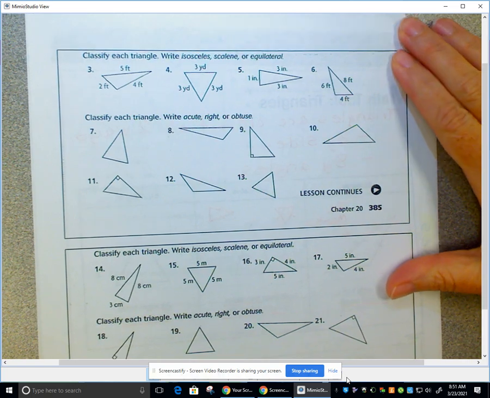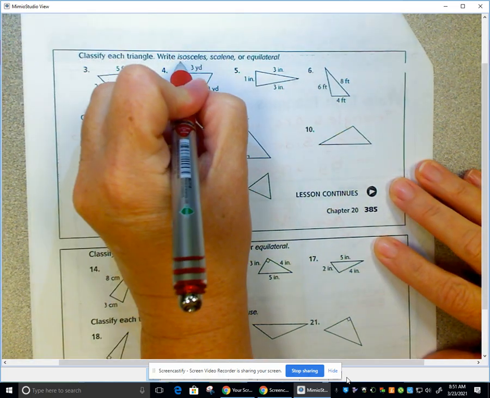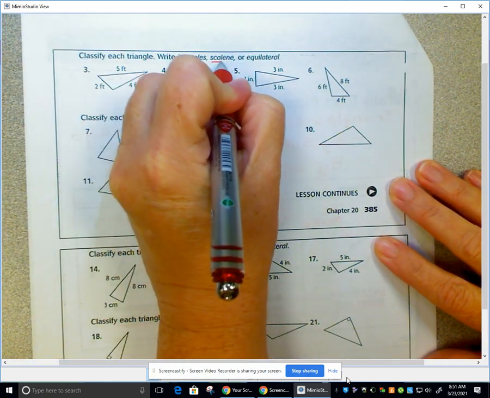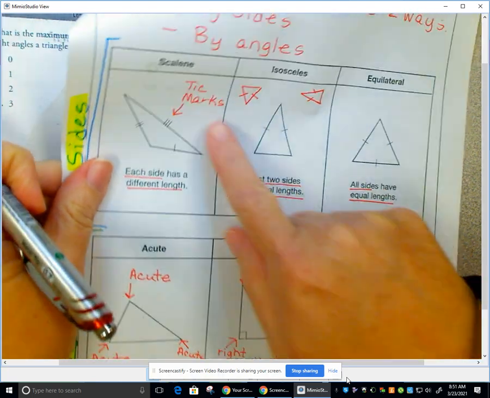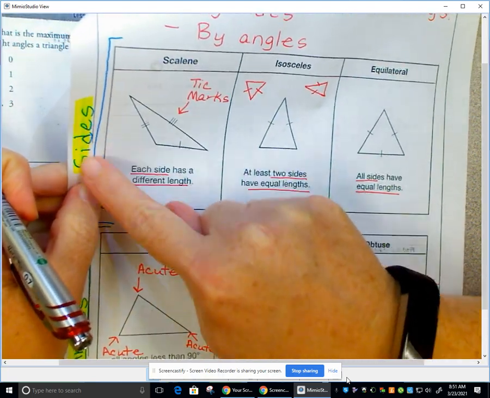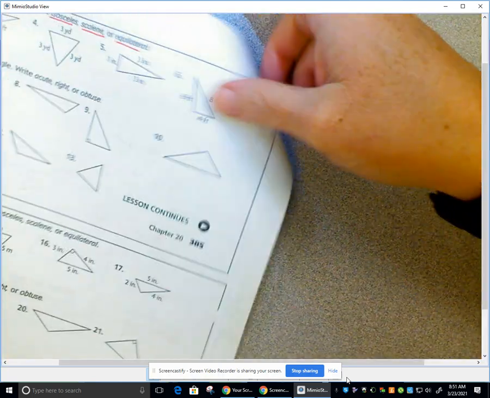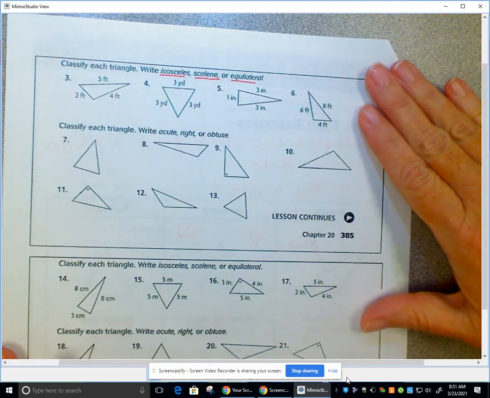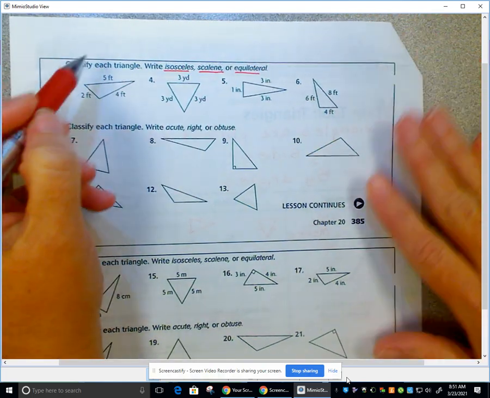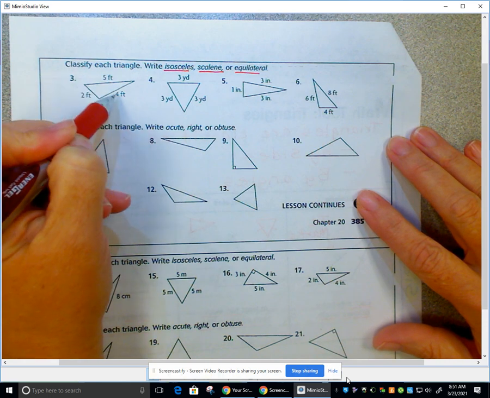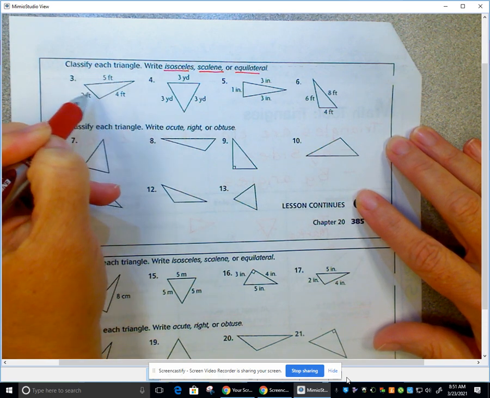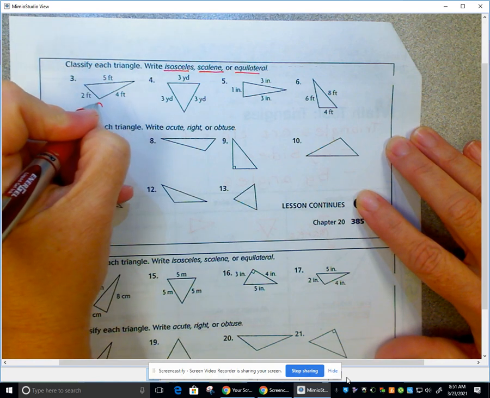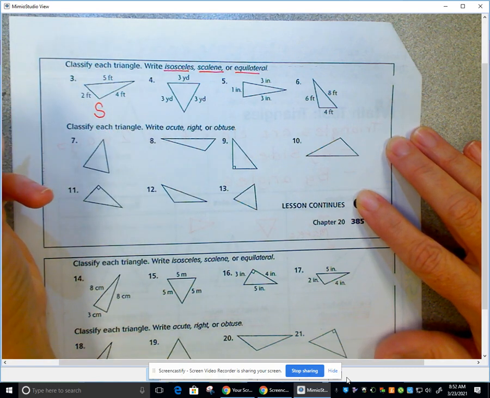All right, it says classify each triangle: isosceles, scalene, or equilateral. Now, if you look back on the front, when we use those names, we're looking at the sides. So let's look at the sides. Look at number 3. The lengths are 2, 5, and 4 feet. Notice how none of the lengths are the same. So that is scalene.